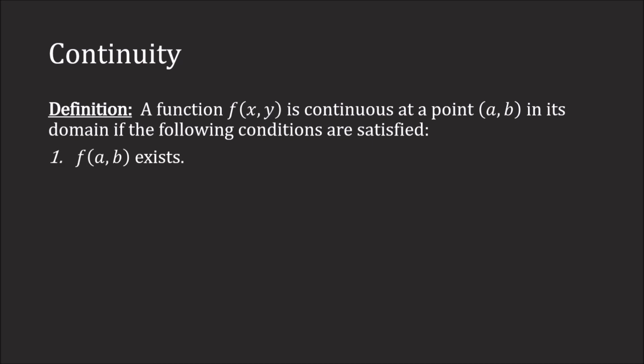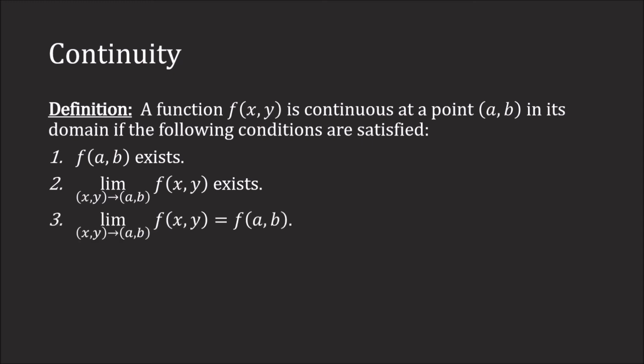So the first condition is f of AB must exist. The second condition is the limit as xy approaches AB of f of xy must exist. And the third condition is the limit as xy approaches AB of f of xy must equal f of AB.